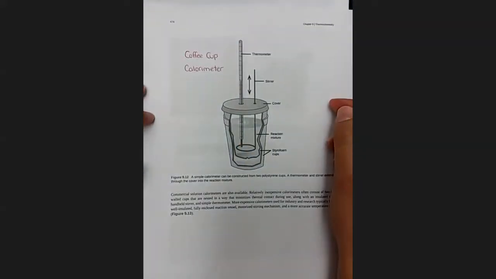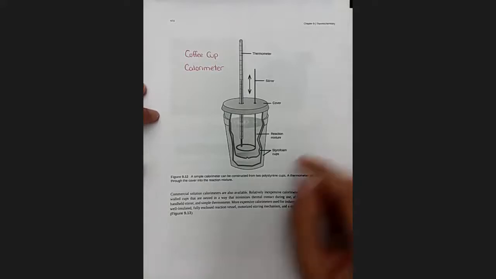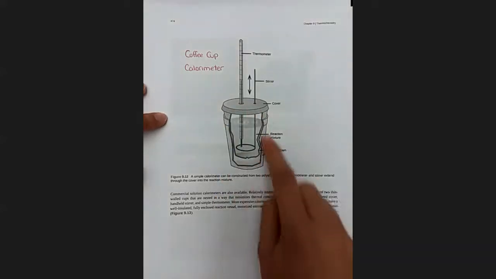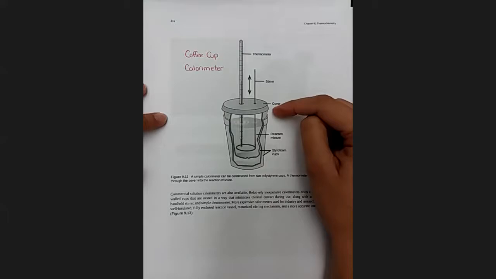So if you want to quickly find that page or draw this picture, you can pause the video here to do so. So in the coffee cup calorimeter, we can confirm that this is an isolated system. So this is closed. There's 2 styrofoam cups for the bottom and some sort of a lid for the top. So no mass and no energy can escape from this setup.